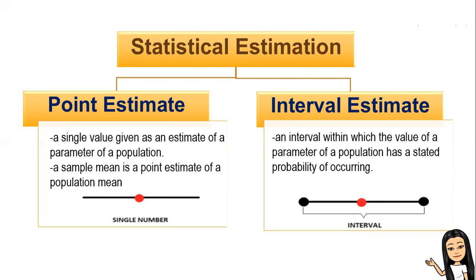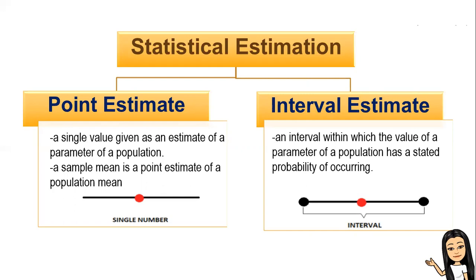So for example, you found out that the average weekly income of the students is $400. Or let's say in the Philippine context, you found out that the average daily allowance is 800 pesos. So that is an example of a point estimate.